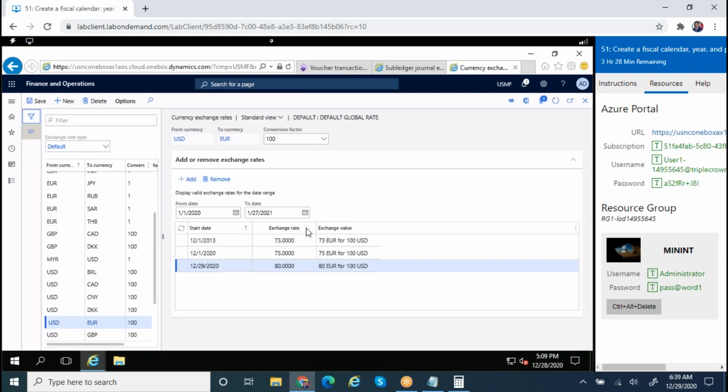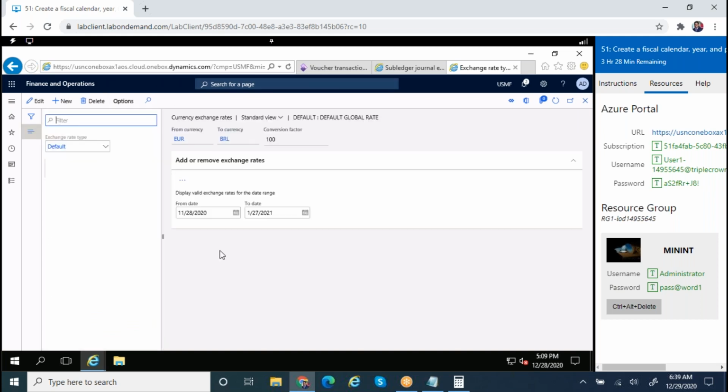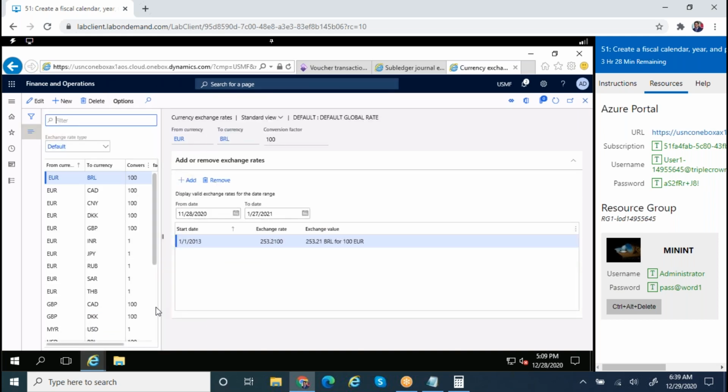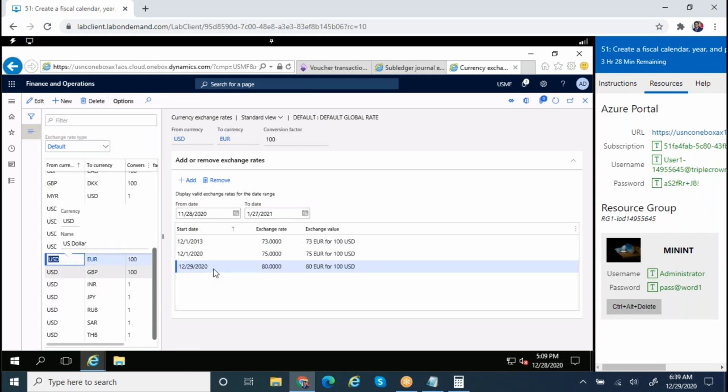Now today or yesterday, let me make it yesterday because there is a change in USD versus euro. I need to make it not this one.